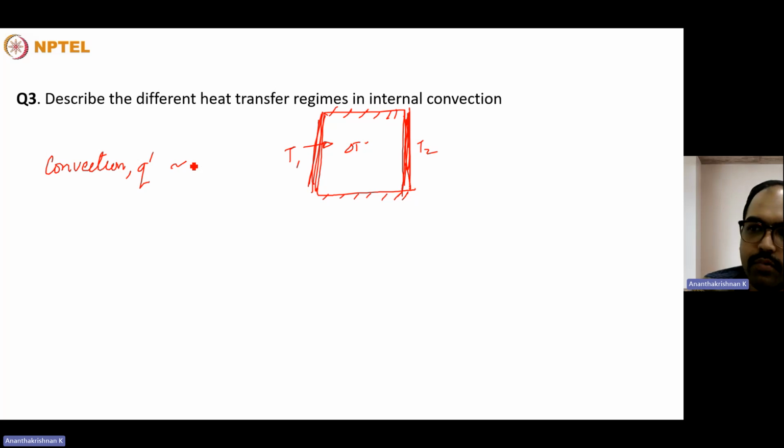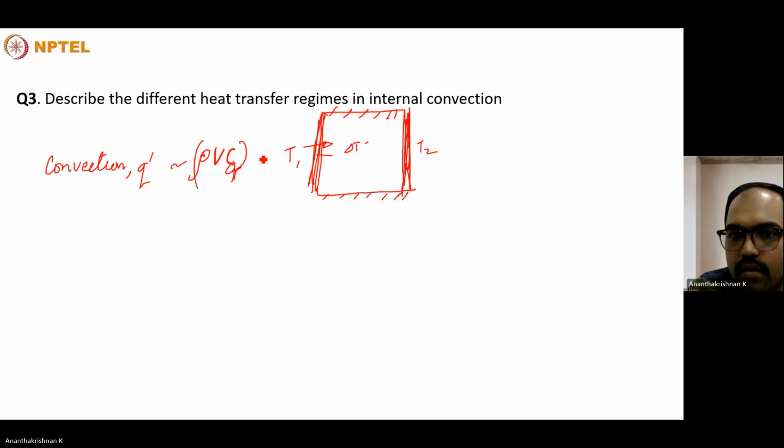The flow rate per unit length could be scaled according to the velocity, as rho times velocity, and C, and this will be the vertical dimension, that is the boundary layer thickness.